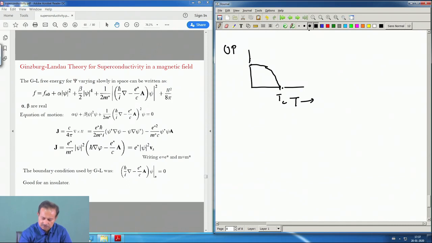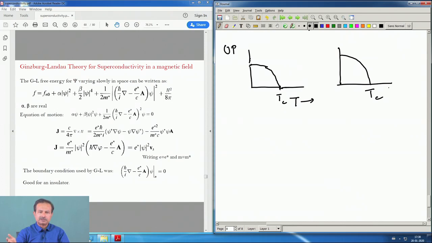Okay. So, it continuously goes to 0. So, in the superconducting case also, as we showed, the superconductivity for example goes to 0 at T equal to Tc. Okay. So, that means we should be able to write down an order parameter for the superconductivity which is 0 beyond Tc and non-zero below Tc.